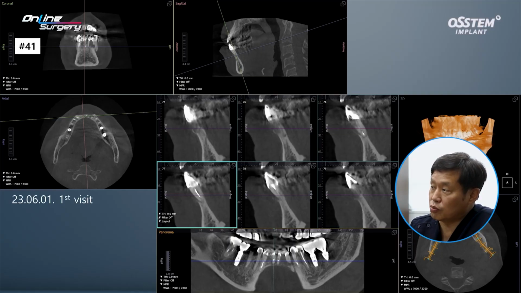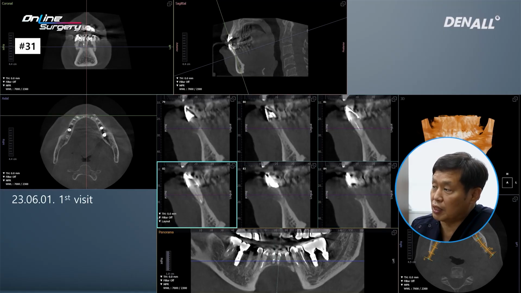In 41, the buccal wall is mostly resorbed, with the apex of the tooth barely retained. A similar condition is observed in number 31. We planned the surgery after reviewing the CT, deciding between number 41 and 31 for implant placement.